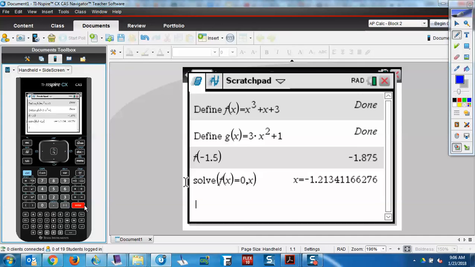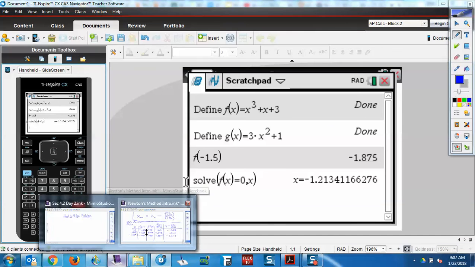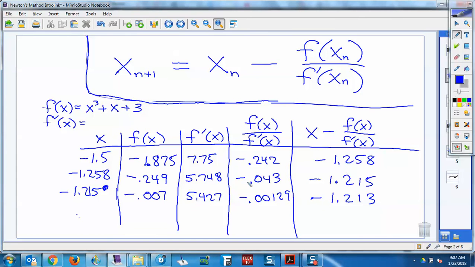So the calculator's got the same thing. It's got a tolerance built in. How many decimal places of accuracy does it want? And it just runs through that algorithm, whatever it's using to be able to do that. Okay? So, anyway, that would be what we call the long way, although historically, that's not that long, right? And with the technology we have, that's pretty good to be able to come up with that.